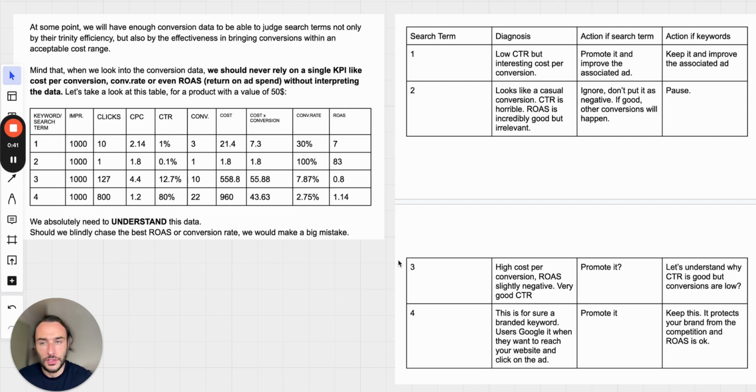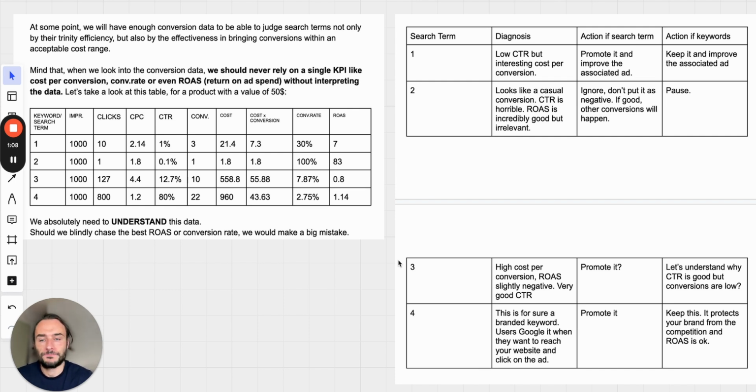When we have conversion, we can look at different KPIs like the conversion itself, the cost per conversion, or the conversion rate. We can use all of them, and even go a bit more advanced and calculate the return on ad investment. So understand how much we are spending and how much we are making through every single search term, and take our decision.